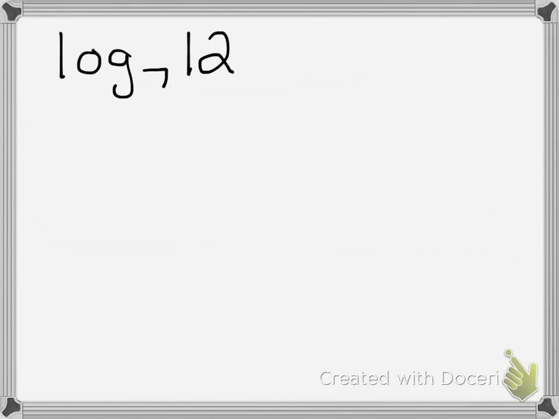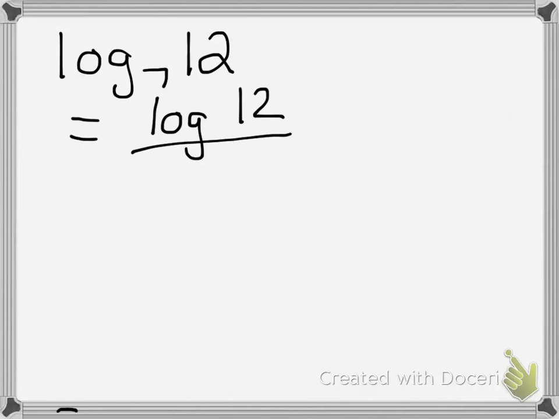All right, so go ahead and practice this one. Log base 7 of 12, you can't just type that into your calculator, so you would need to use a change of base formula. So we're going to find the log base 10 of 12 and divide it by log base 10 of 7. So try that.